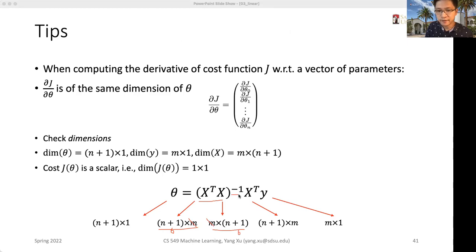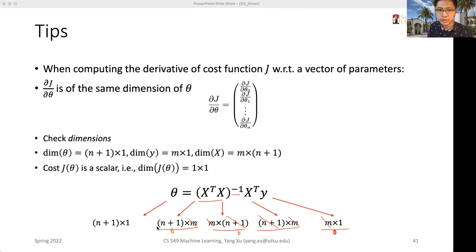The inverse of it doesn't change the dimension. When we multiply the result of the inversion with X transpose, the n+1 is also eliminated. And when we multiply it with an m by 1 vector, the m can also be eliminated.